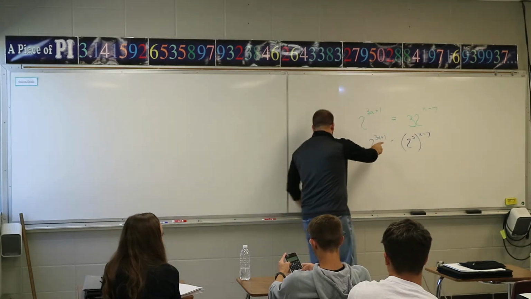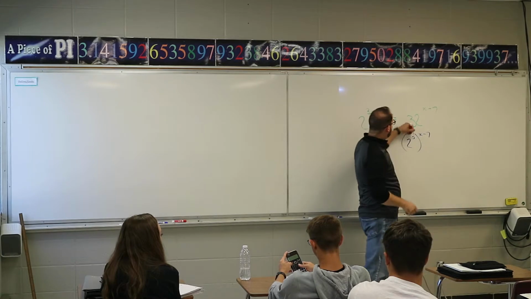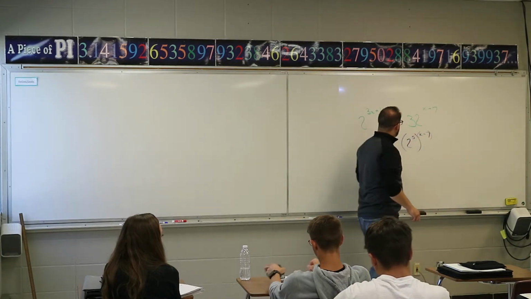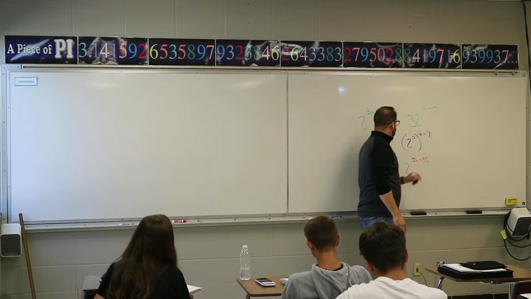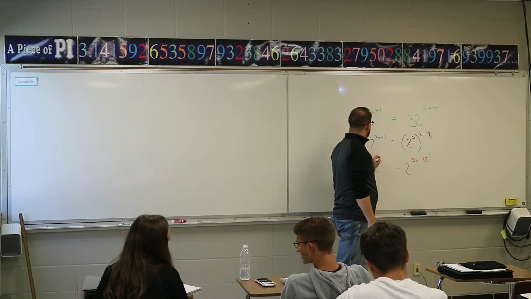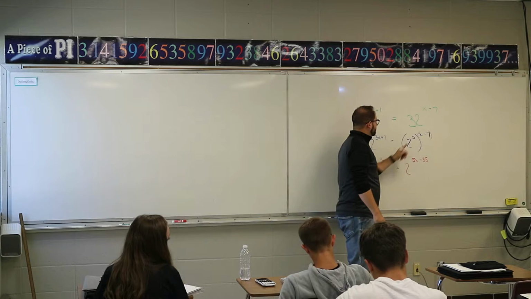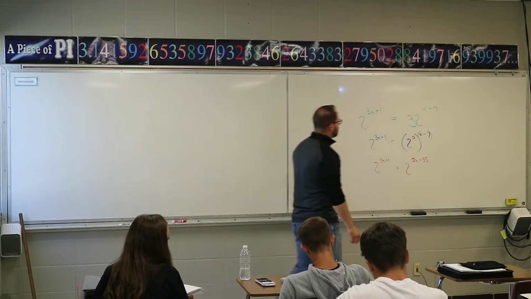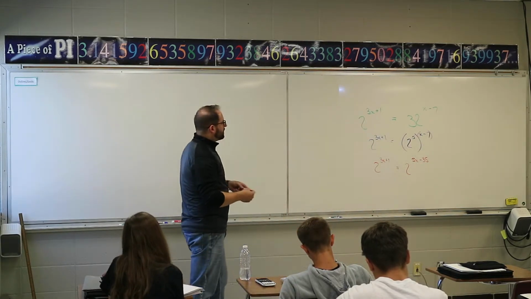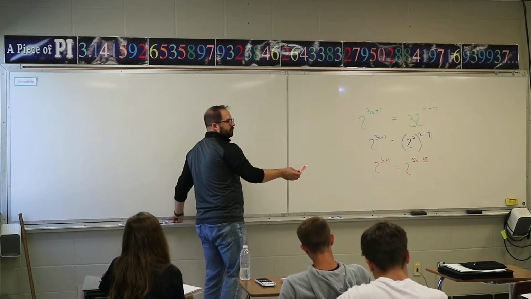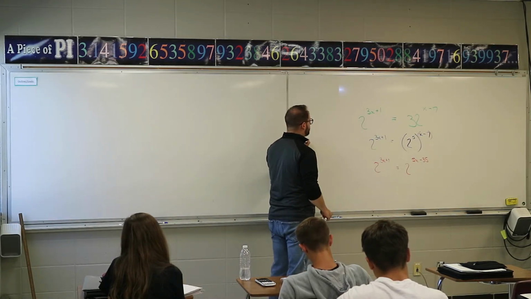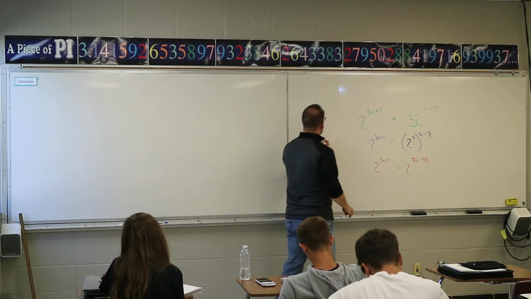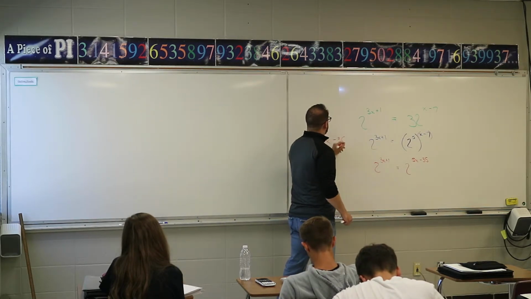I'll have to take the 5 times this thing, so I have 2 to the 5x minus 35. And on the other side I have 2 to the 3x plus 1. Because that's a law of exponents, you can just multiply the powers together. And now that they have the same 2's, you can cancel the 2's out, and you're just left with the power: 3x plus 1 equals 5x minus 35.